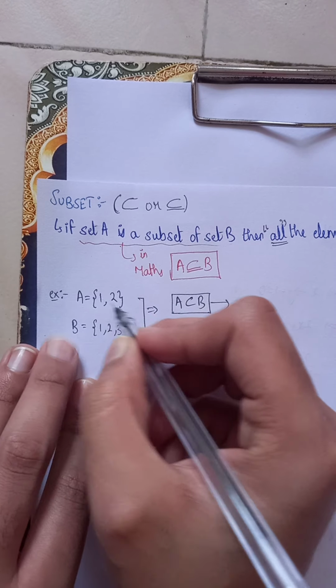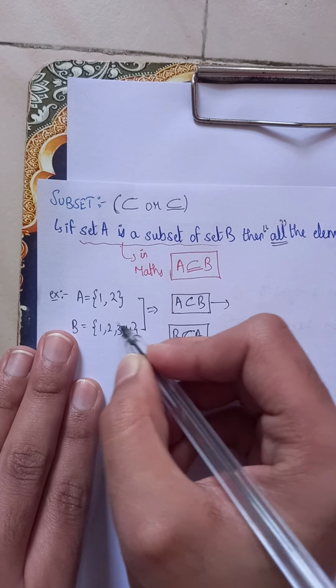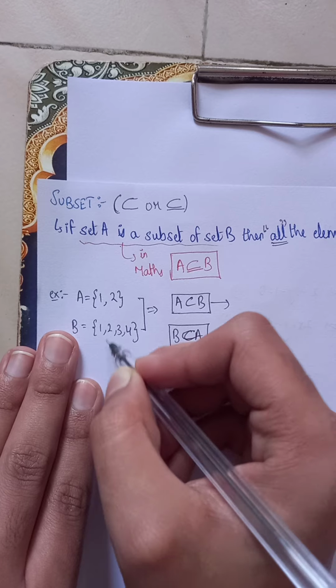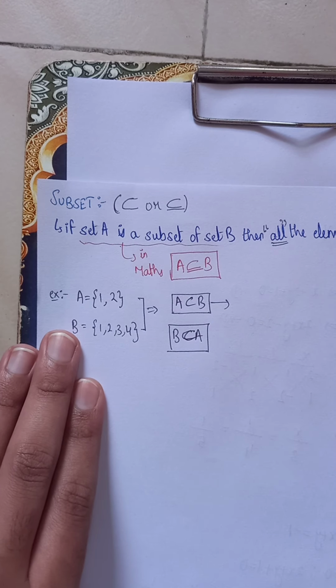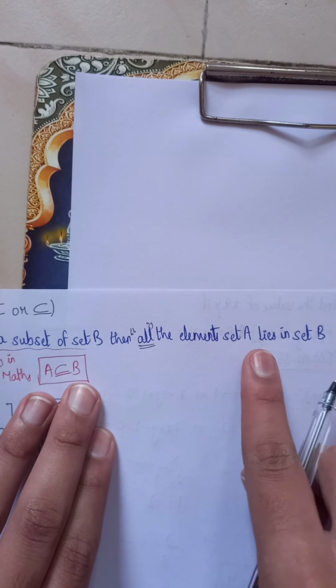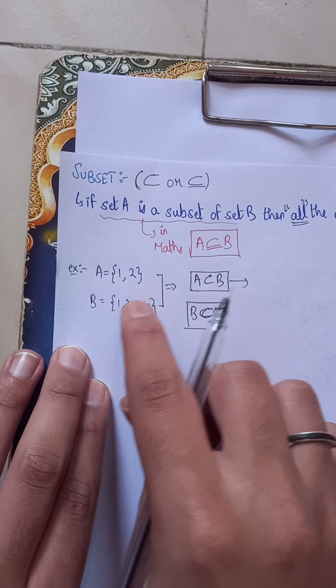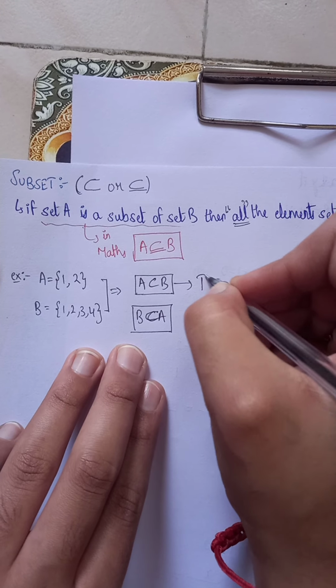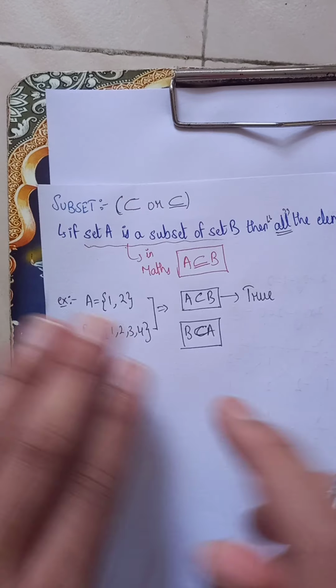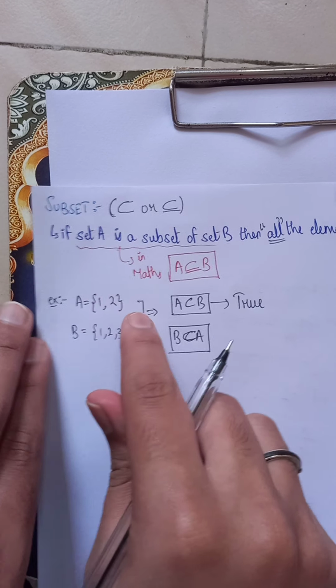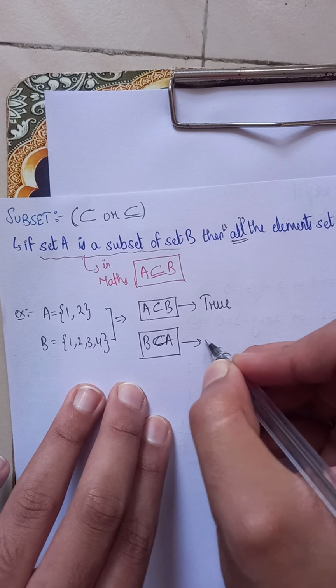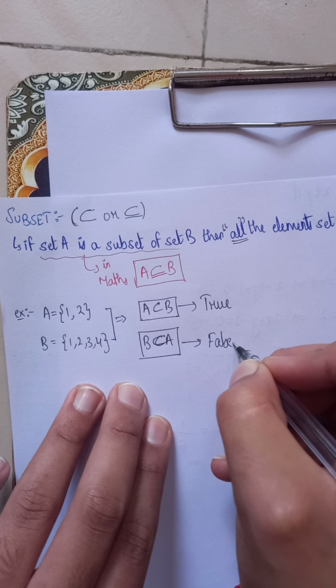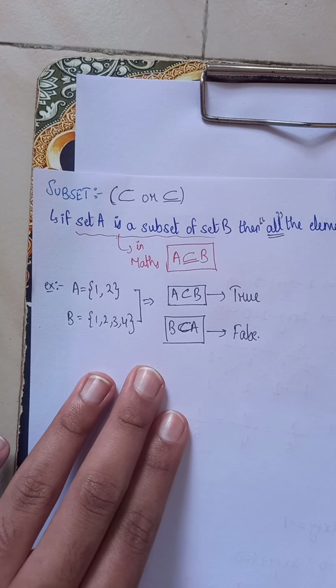As you all know, all the elements in set A lie in set B, so this is true. But all the elements in set B don't lie in set A, so this is false.